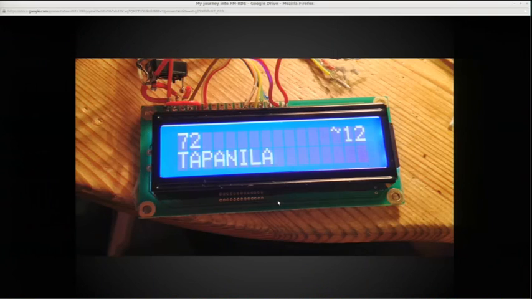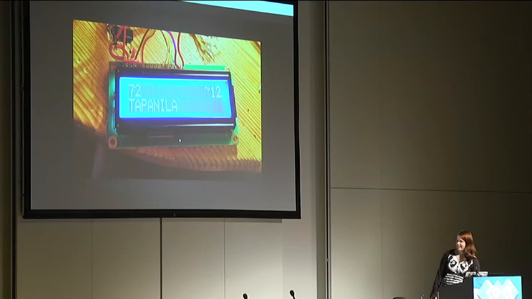So this is what I built. Yeah, it's just a basic HD44780 display controlled by a Raspberry Pi, decoding the signal from the RTL SDR.